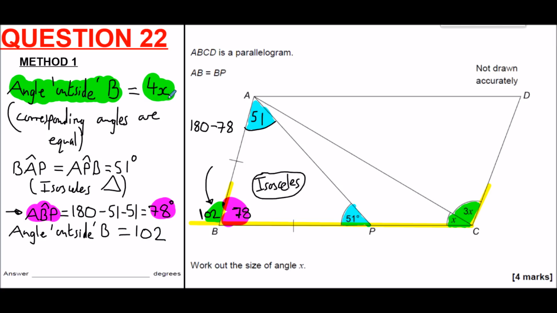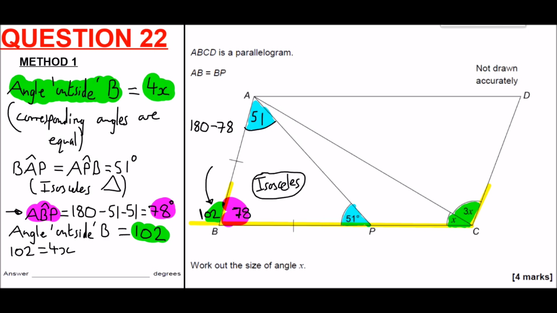And because that's the same as 4x, what we can say here is that that one is the same as 4x. So the angle outside B, which is 102, is the same as 4x due to this initial thing we said at the very beginning of the question.